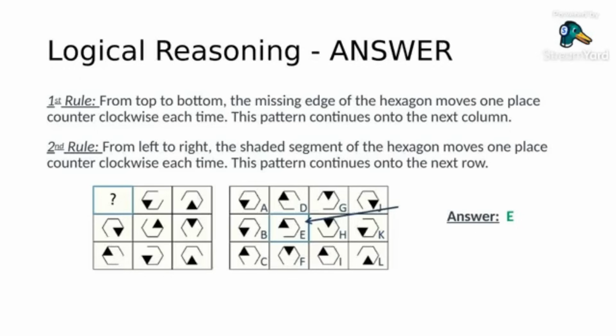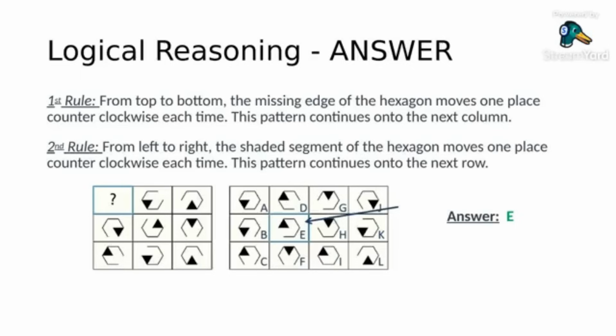Okay, bakit? So, from top to bottom, simula po dun sa taas, pababa, yung missing edge po ng hexagon moves one place counterclockwise kada galaw, every time. Or kada boxes, nag-move po siya one place counterclockwise. So, ibig sabihin po ay pakontra sa galaw ng relo, galaw ng orasan.